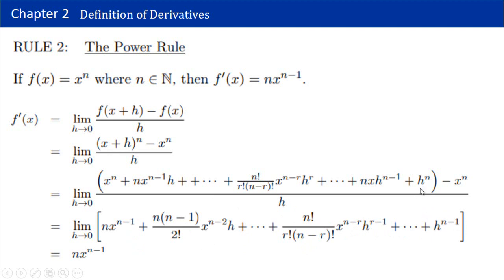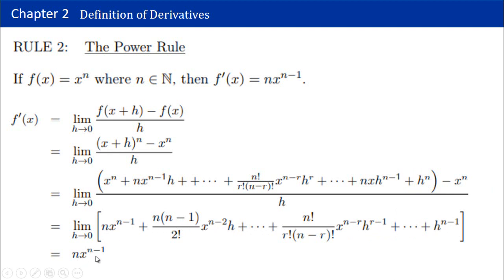Naging may n minus 1 kasi kung ang h to the n ay kukunan natin ng h na isa, that means h to the power of n minus 1 na lang siya. Okay? Because h to the power of n minus 1 times h is equal to h to the n. Okay? So, since ito ay magiging 0, kasi lahat po yan ay magiging 0 because h is approaching to 0, that means ito na lang maiwan, so that is the derivative.